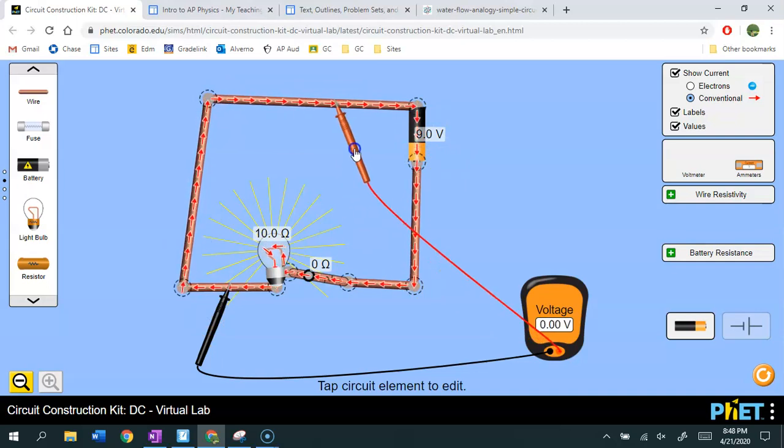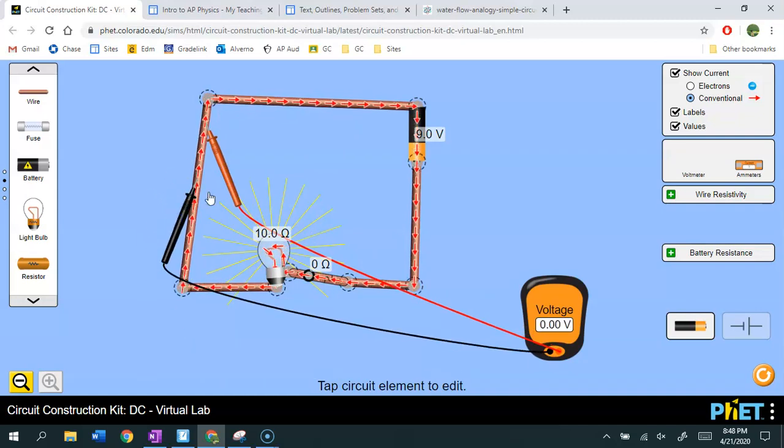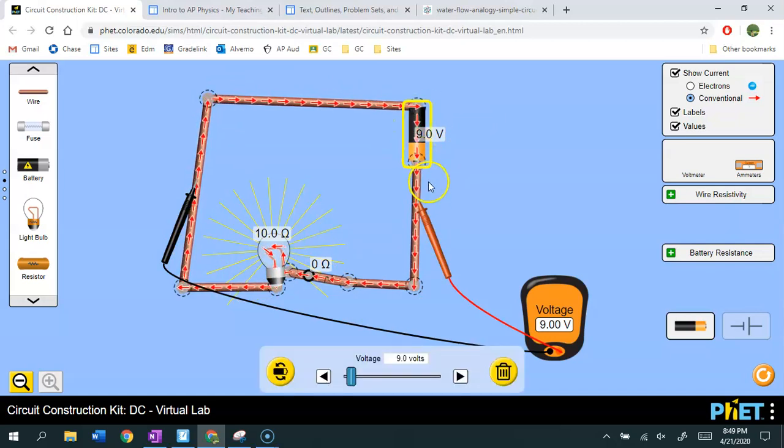So if you connect the leads over here and over here, notice how it says 0 volts. If you connect it over here and on this side of the circuit, now it says 9 volts. So before it gets to the light bulb, it had 9 volts. After, it's got a lack of 9 volts. That's always going to happen as long as your battery is 9 volts.